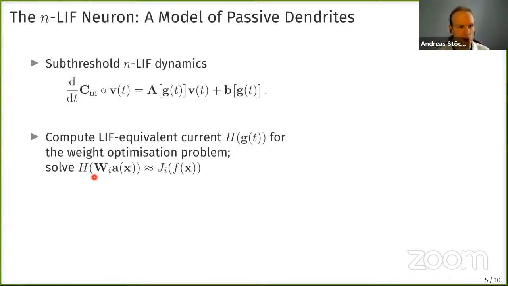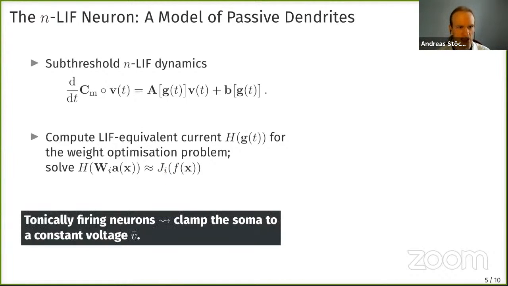So we're trying to find a weight matrix Wi that translates from the pre-activities into an average channel state that then results in the current that's desired according to our normative tuning constraint. And usually computing this function h is really hard because of the nonlinear dynamics of the somatic compartment.